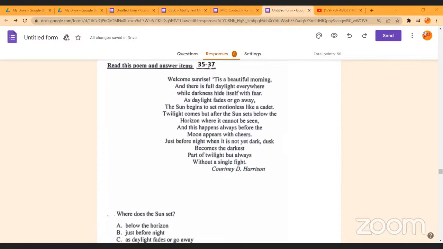Miss, it sets below the horizon. Okay, go again with the answer for this one.